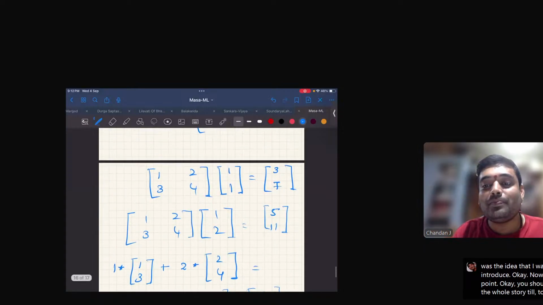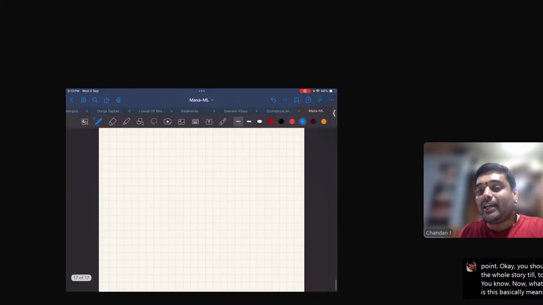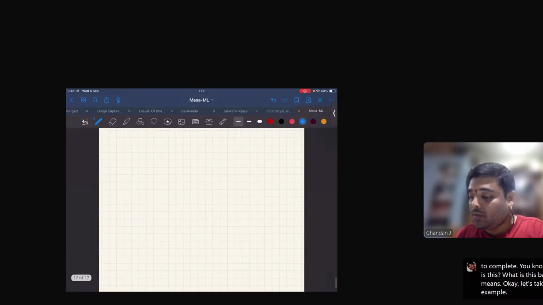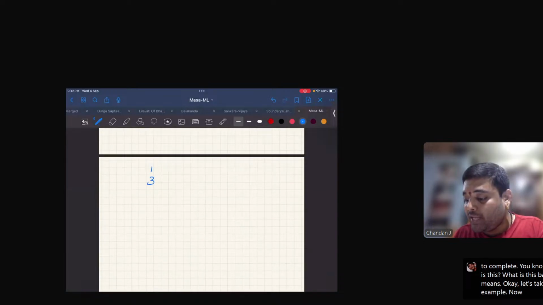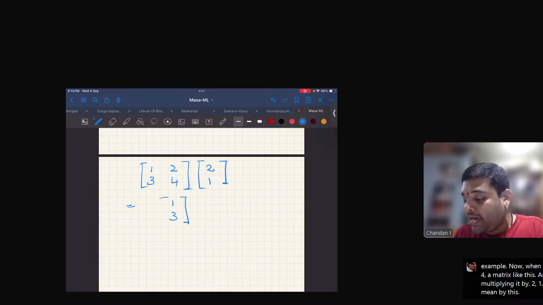Now what does this basically mean? Let's take an example. When I say 1, 3, 2, 4, a matrix like this, and I'm multiplying it by 2, 1, what do I mean by this? You stretch this vector 1, 3 twice and add it with 2, 4, which is multiplied by 1.